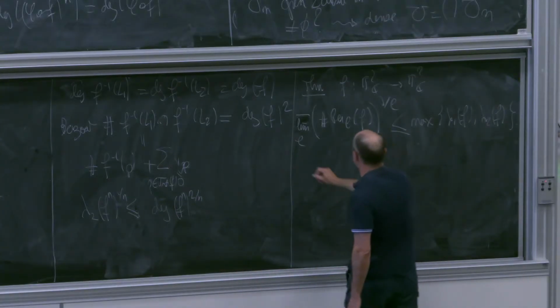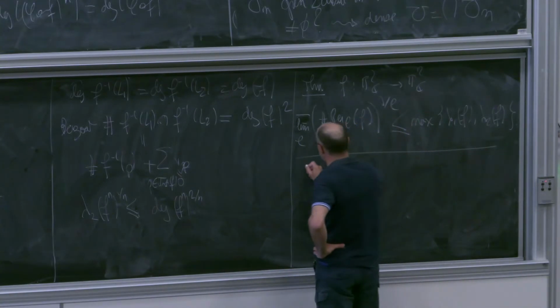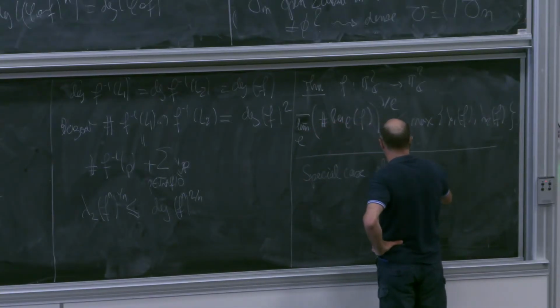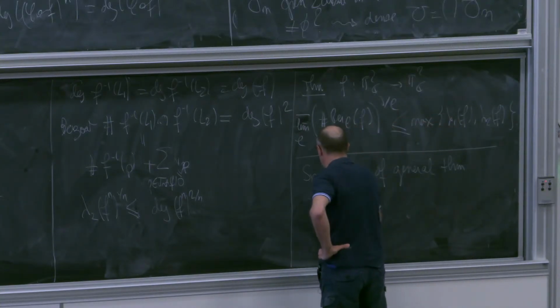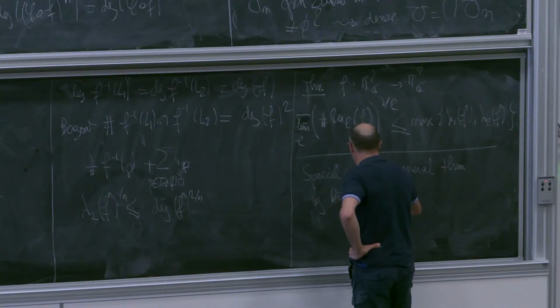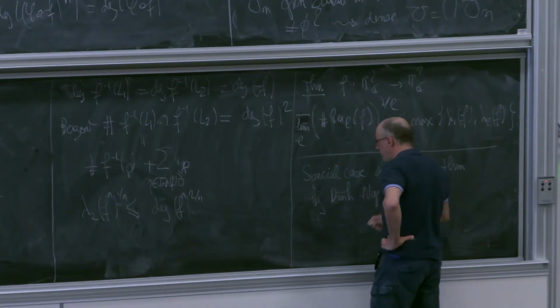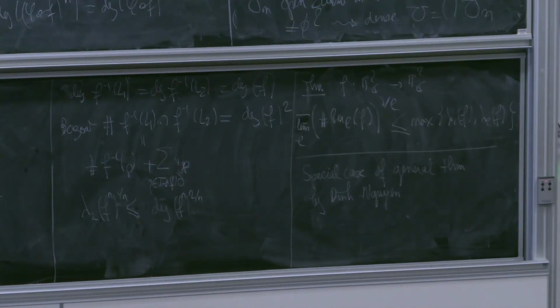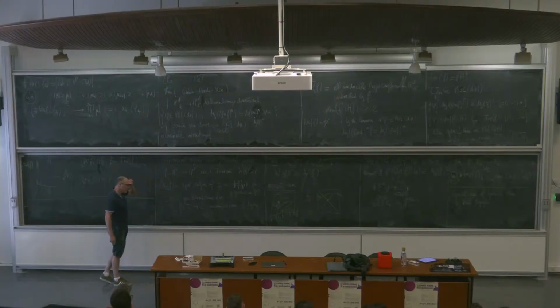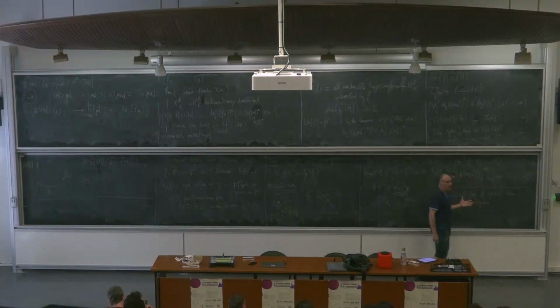So here I want to emphasize that this is a very special case of a general theorem by Dinh and Nguyen, which applies. So the theorem is not so difficult to prove in higher dimension when you're working on the projective space of dimension D. But it applies to any rational map on any projective surface, projective varieties, and even more. It applies also to the Kähler setting.